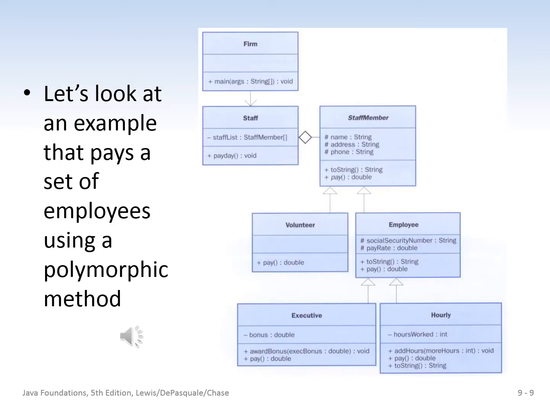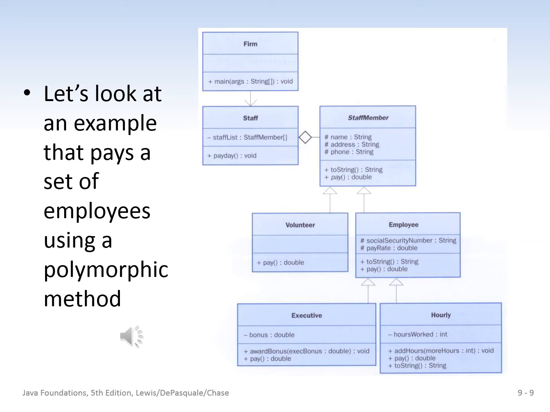Now let's take a look at an application that pays a set of employees using a polymorphic method. So Firm has the main method, and we create a staff list of staff members.